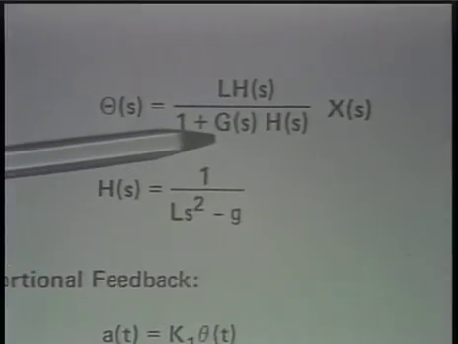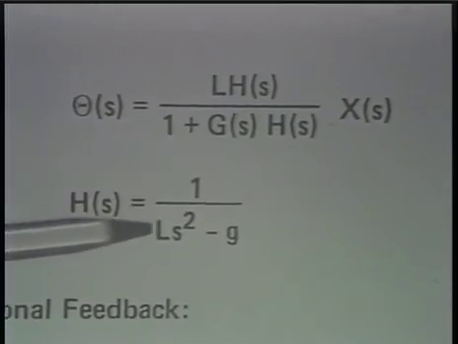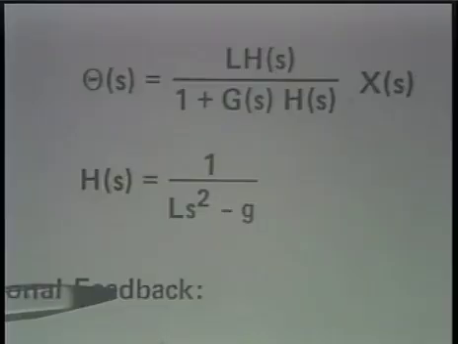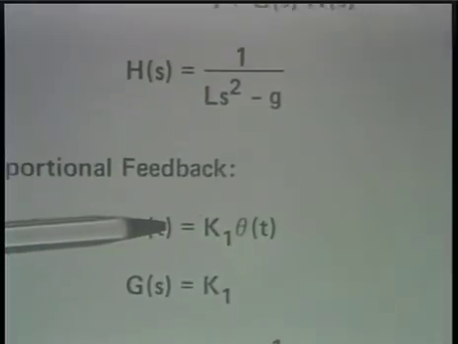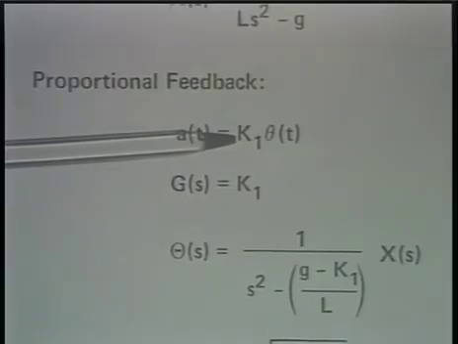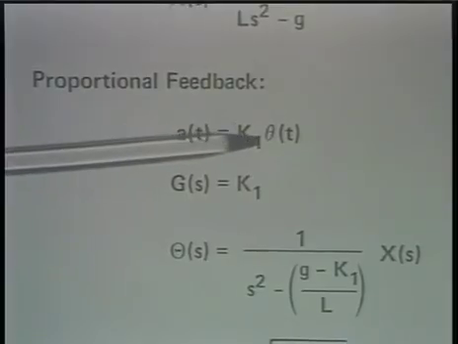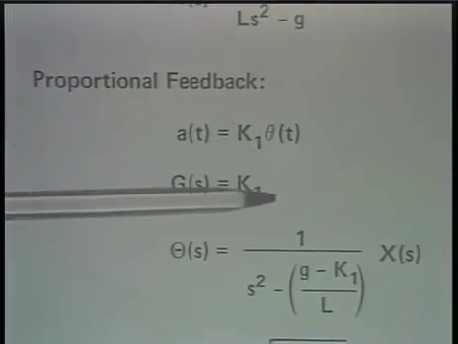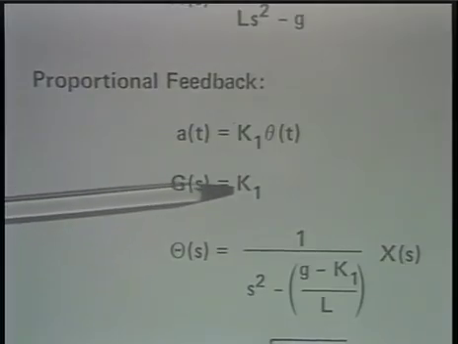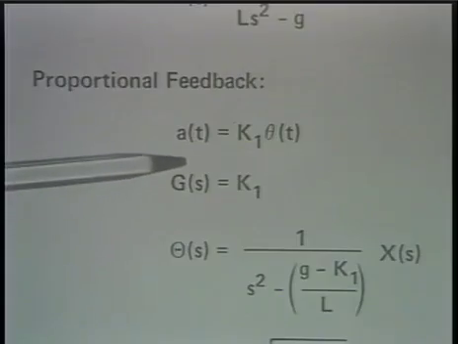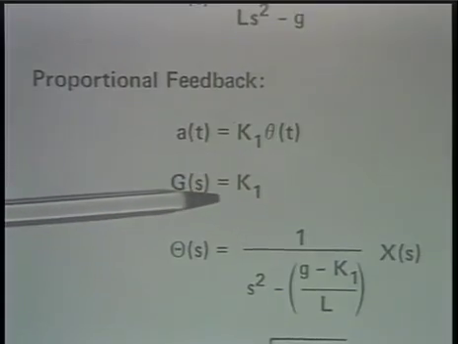Now, using proportional feedback, we choose the acceleration a of t to be directly proportional, through a gain or attenuation constant k1, to the measured angle theta of t, and consequently the system function in the feedback path is simply a gain or attenuation k1. So this is the system function for the feedback path.